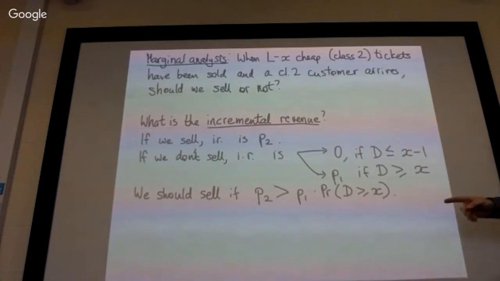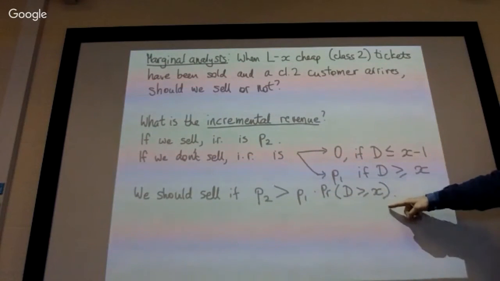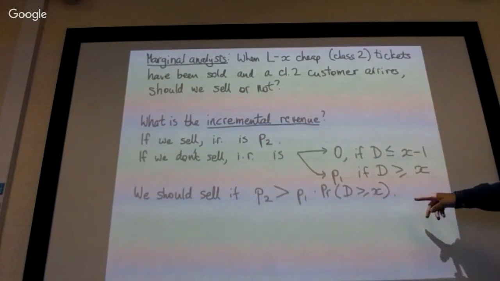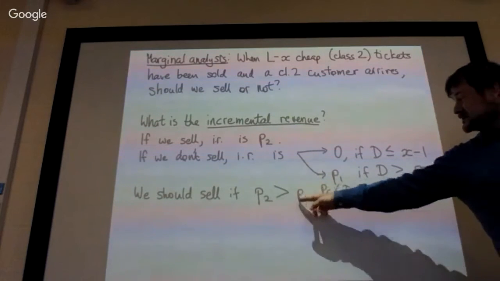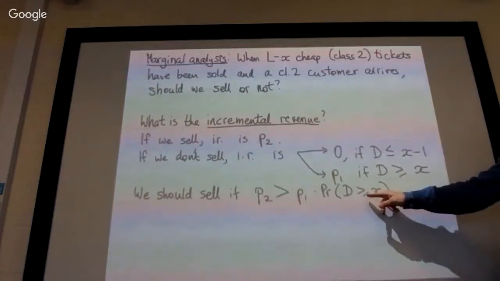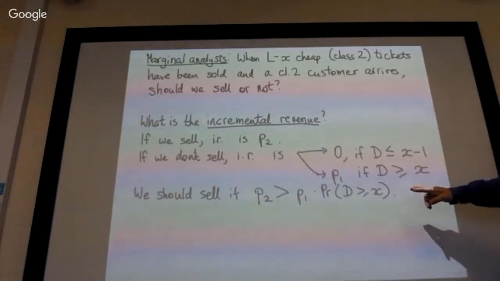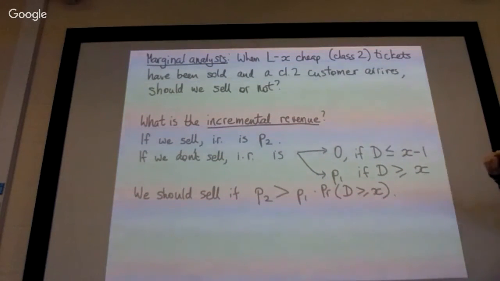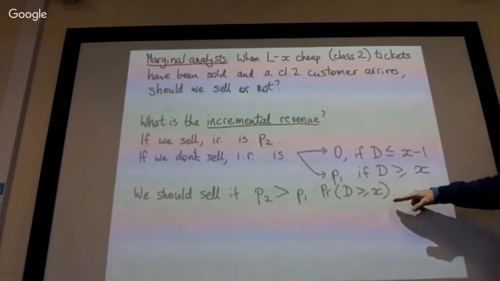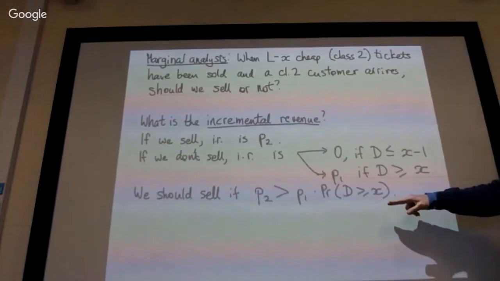Okay, so of course, as X is increasing, this probability is decreasing. You can see this is a function of X, and with increasing X, this probability is decreasing. So at some point, as X is increasing, no, I should be doing it the other way around, right?